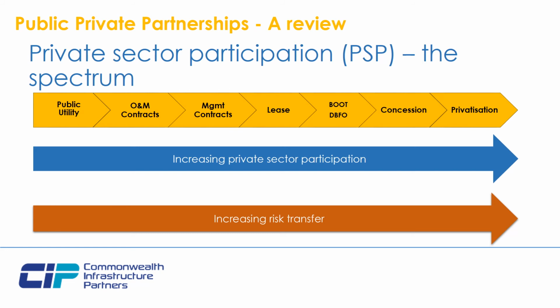So if we look from left to right, we see that as we move from the public utility to privatisation, then there is increasing private sector participation. And that means that there is increasing transfer of risk from the government, from the public sector, towards the private sector as we move from left to right across the diagram.